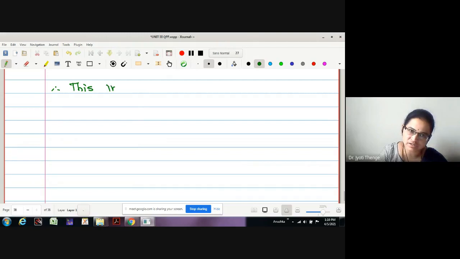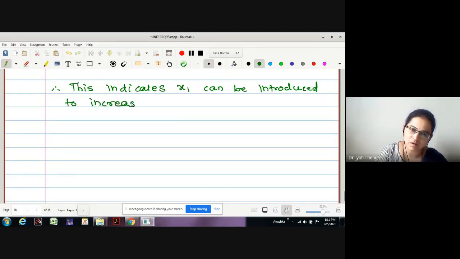This indicates x1 can be introduced to increase f of x. Now we will check the value of x1.